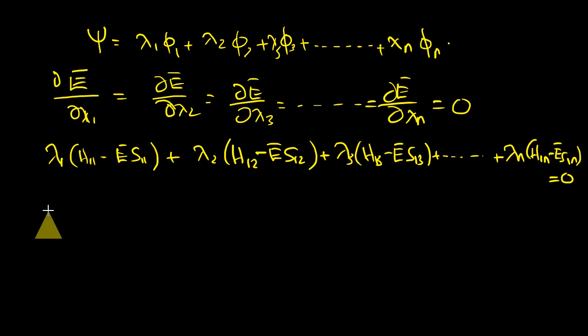And similarly, we will get another equation, that is lambda 1 into, here we have to be careful, that is second row. So this number is 2. First column, then it will be 1.